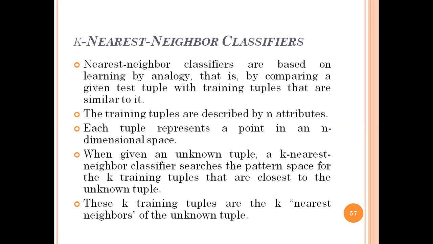They will calculate the distance between this input tuple and every other tuple in your training set, and they will find out 3 nearest neighbors. That means the 3 points which are very similar to this input tuple. If it is 3NN, it will calculate 3 nearest neighbors.